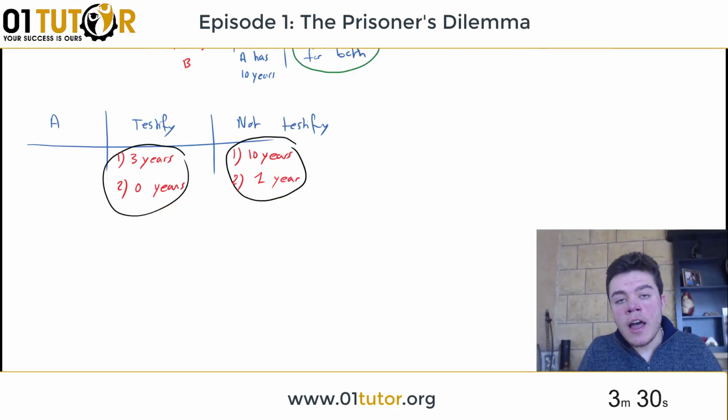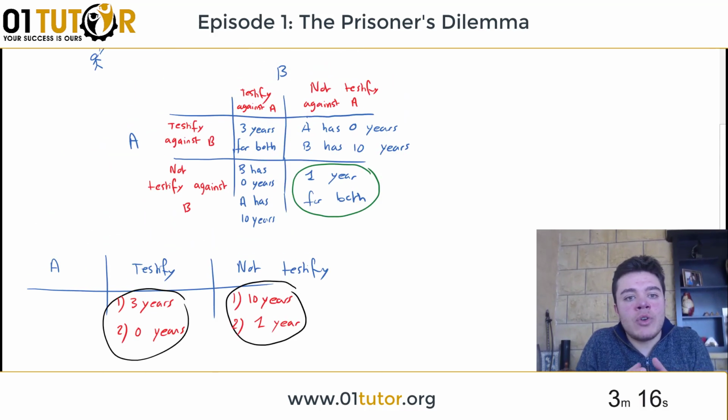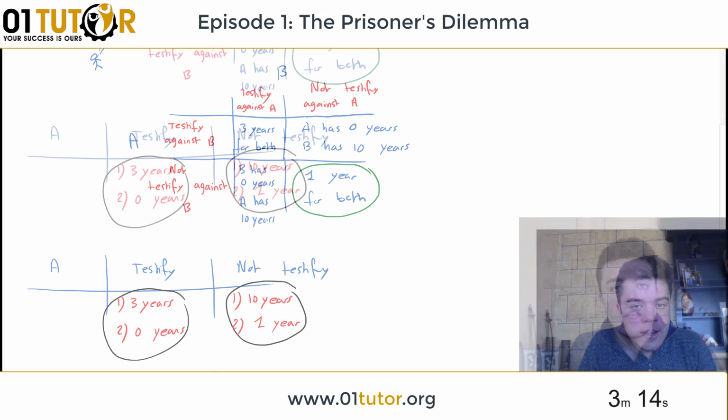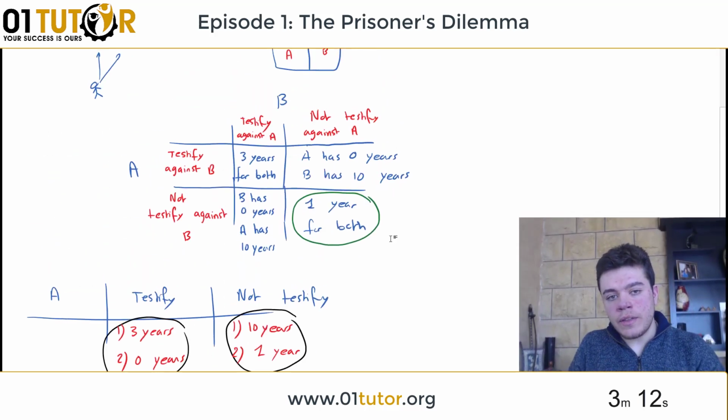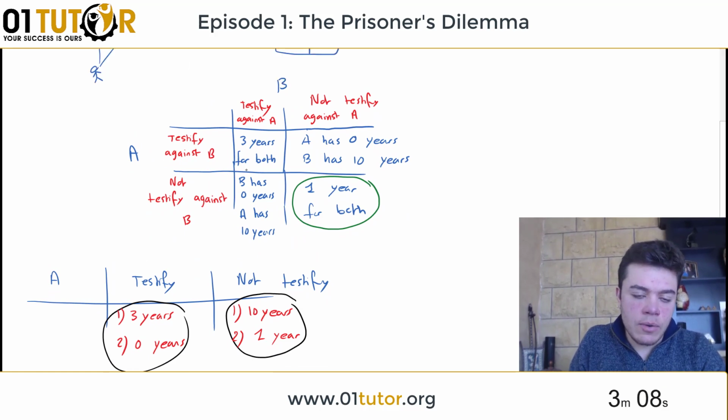Now this helps us get to a very important conclusion in the game theory, which is that two humans, assuming that they are completely rational, would choose the option that is not in their best interest, because they fail to cooperate.